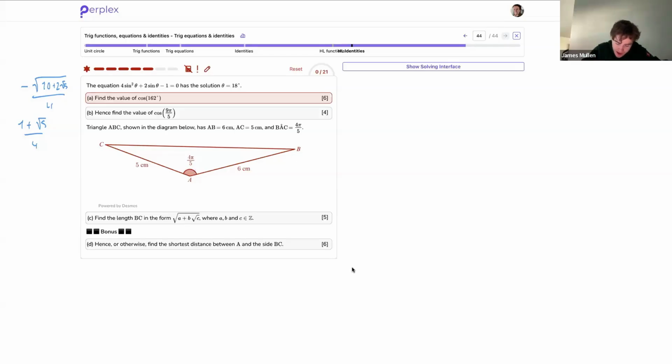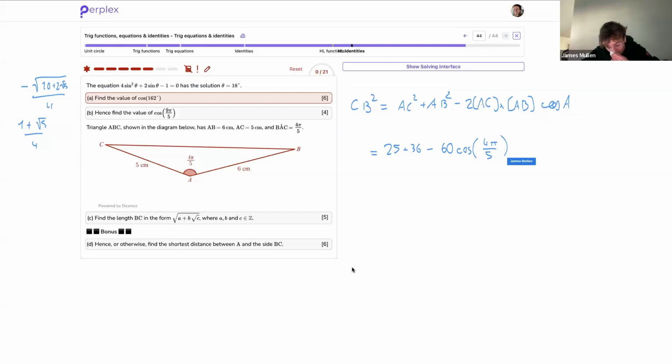I'm going to use the cosine rule, which says that the length CB squared is equal to AC squared plus AB squared minus 2 AC times AB cosine of A. Okay, so in other words, it's equal to, if I do AC squared, it's 25 plus 36 minus 2 times 5 is 10, so 10 times 6 is 60, so minus 60 cosine of 4 pi over 5.